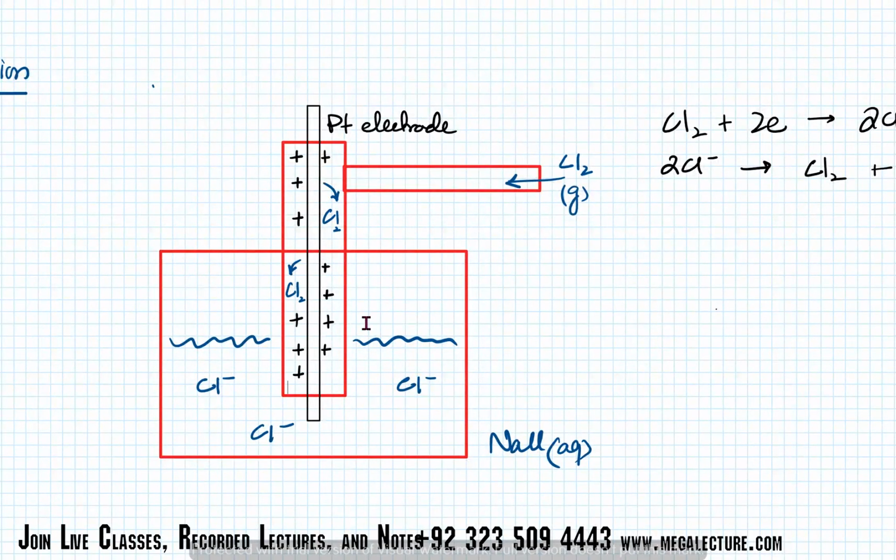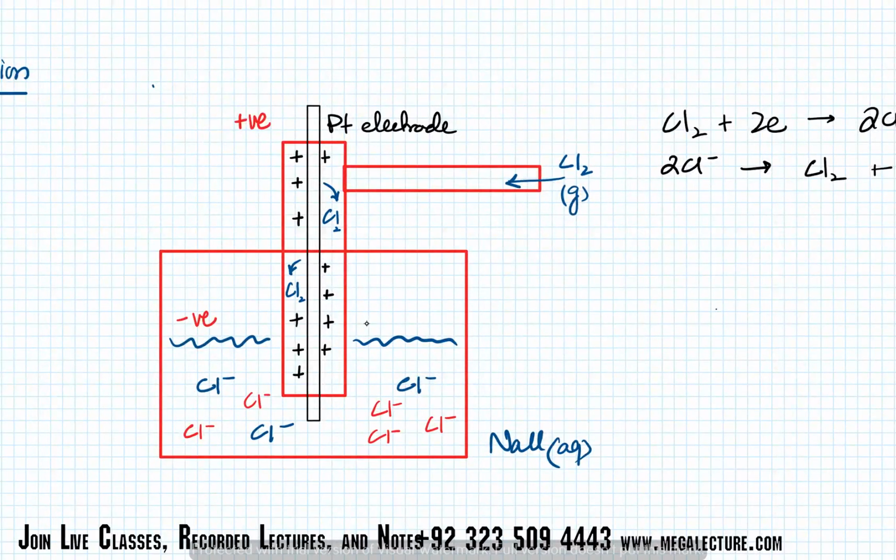More and more positive charge is going to build up on it. Because the chlorine molecules are gaining electrons, they will turn into Cl- ions, which will become part of the solution. So your electrode this time is becoming more positively charged because the substance likes to gain electrons, and your solution is becoming more and more negatively charged.